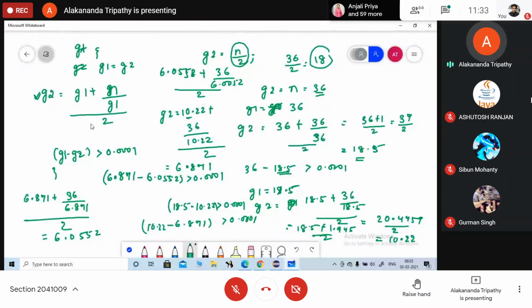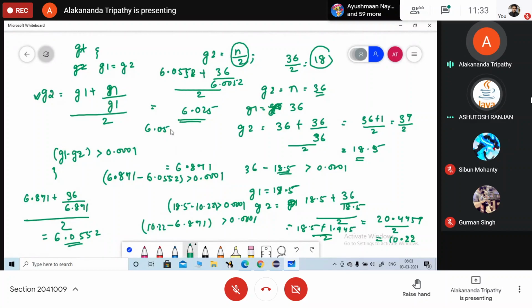Now here you are getting the answer as 6.025. यहाँ पर कितना था 6.05, यहाँ पर आ गया 6.025.